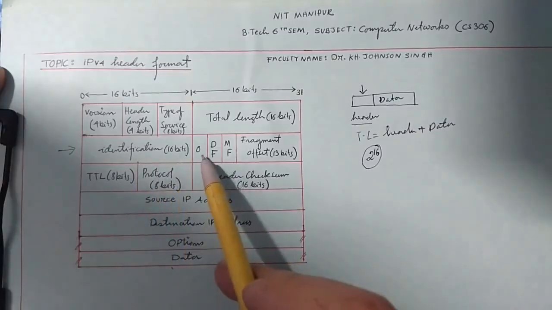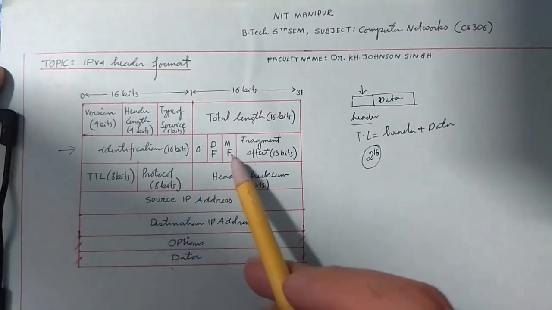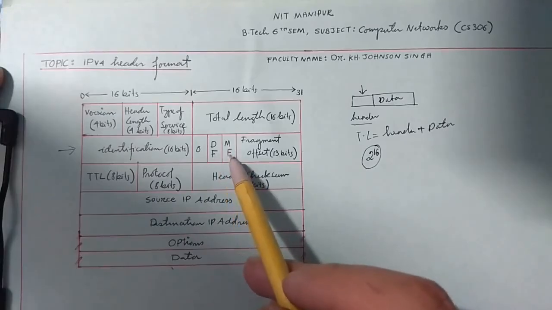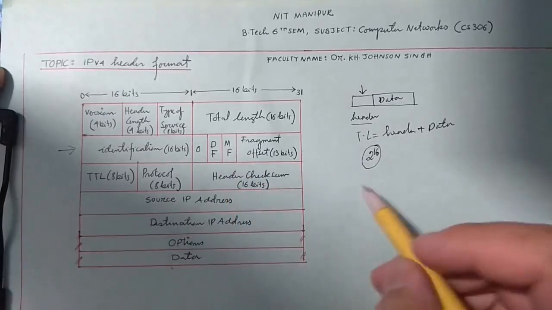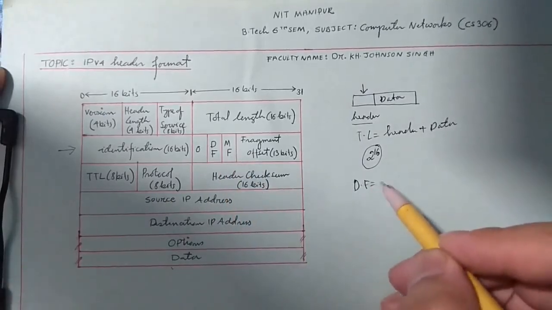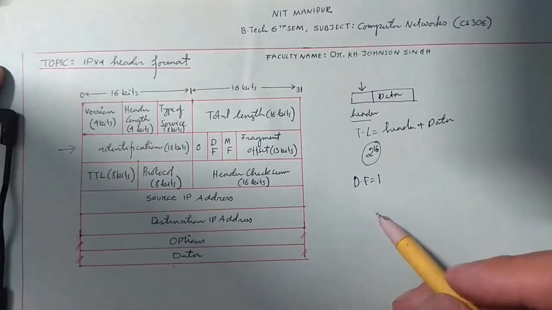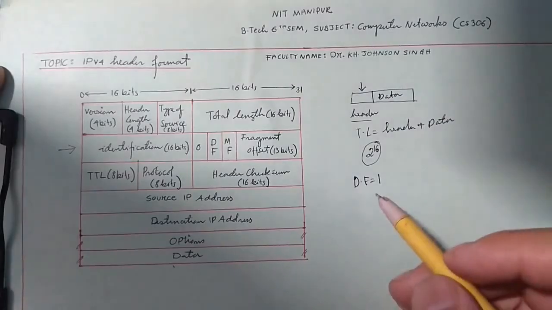We have 3 flags. The reserved flag is always set to 0. We have the DF flag and the MF flag here. DF stands for don't fragment, and MF stands for more fragments. If the DF flag is set to 1, it means we need not fragment the packet.